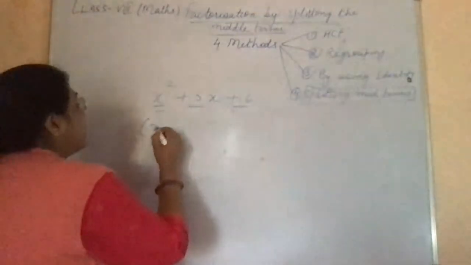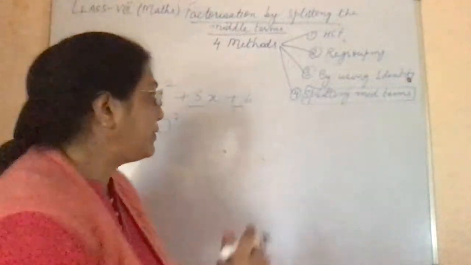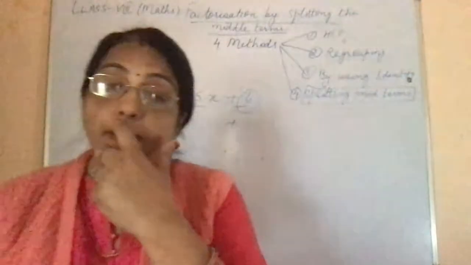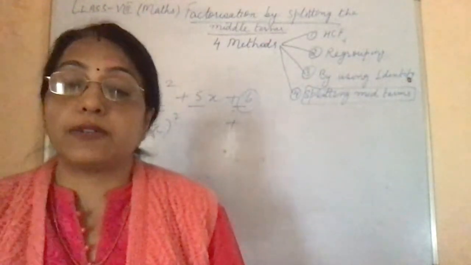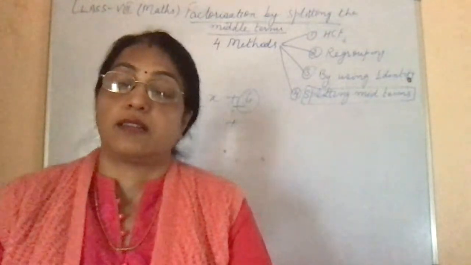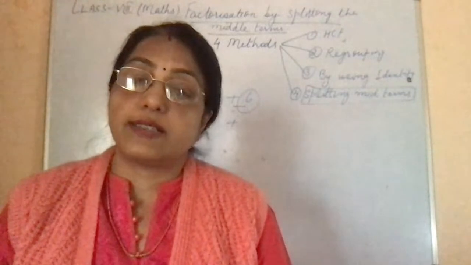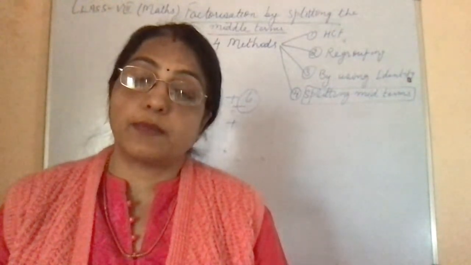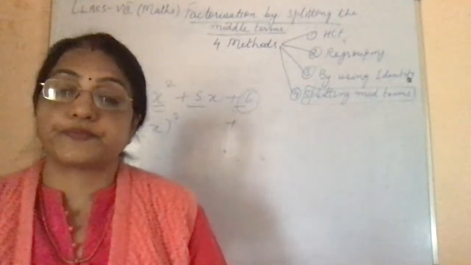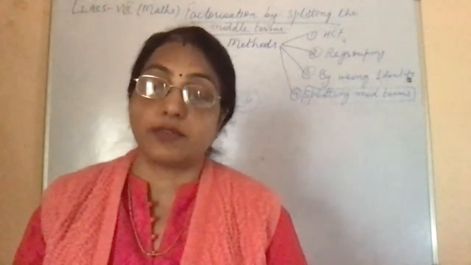If I put here x square, we have got a square, correct? But when I check this number, which number's square will we do, which is a perfect square? Is 6 a perfect square number? No. Yes, correct.